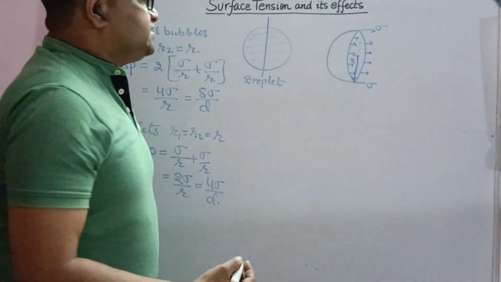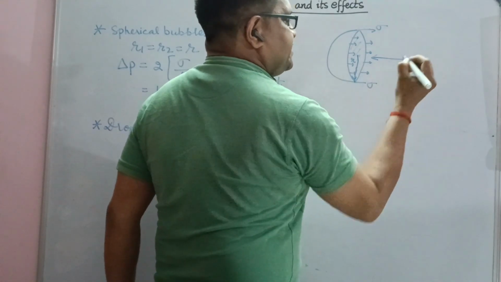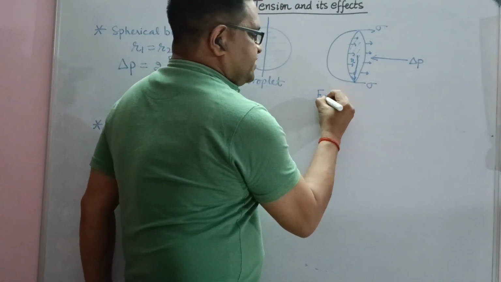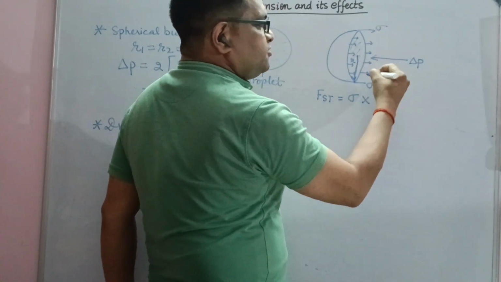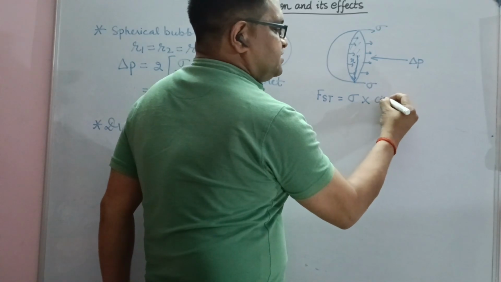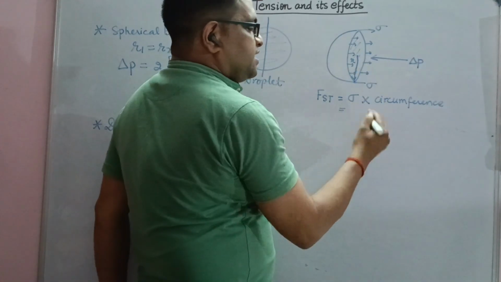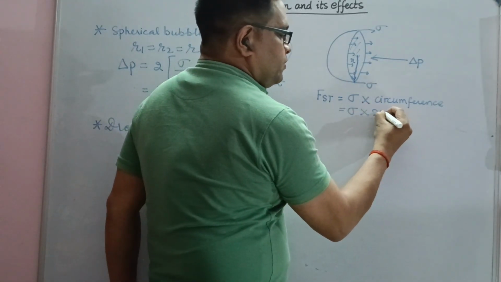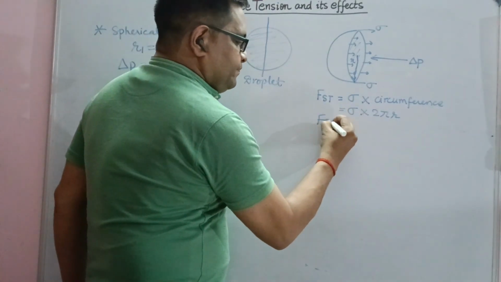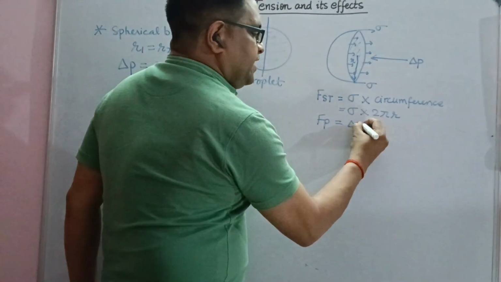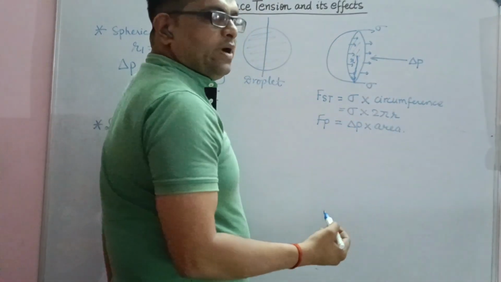Now, from the surface tension consequence, we have a net pressure difference of del P acting in this direction. The force due to surface tension will be calculated as sigma into the characteristic length of the interface, which is the circumference. Since the radius is R, we have sigma into 2 pi R. The force due to pressure, Fp, will be equal to del P into the area upon which the pressure is acting, which is pi R square.